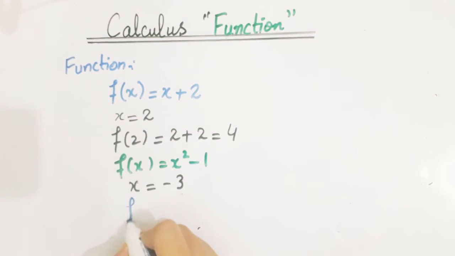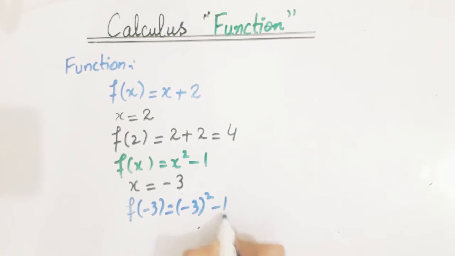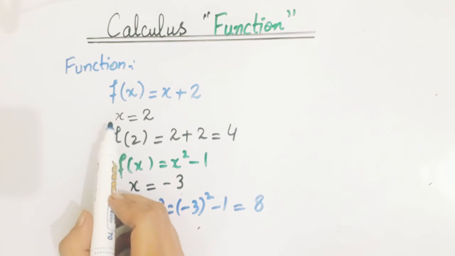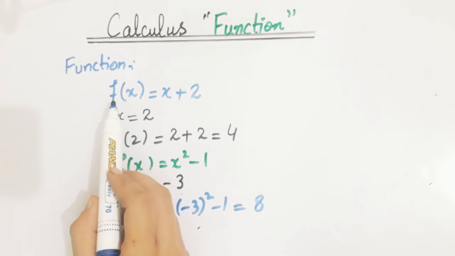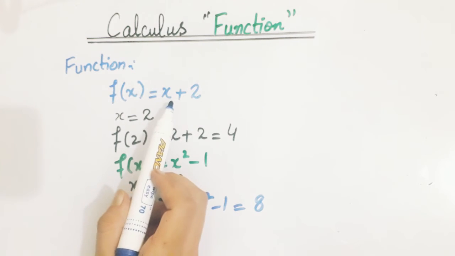It means f of minus 3 equals minus 3 square minus 1, that is 8. So evaluating means plug in, simply done. This is called a function. You will easily understand, f may be g, may be h, any other alphabet can describe a function.